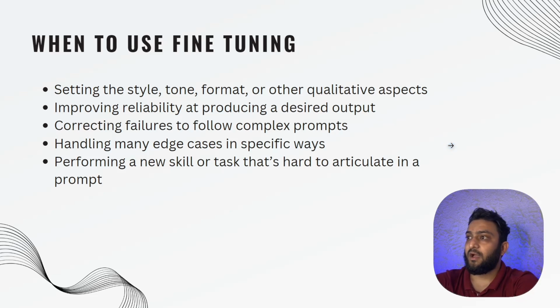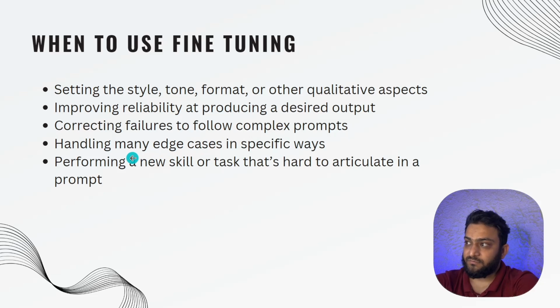Obviously, you could also use fine-tuning when you have domain-specific custom data. Correcting failures to follow complex prompts: if you're not getting your desired output even with complex prompts on a regular model, then you can do much better with fine-tuning. And if the model fails, those failures can also be overcome using fine-tuning.